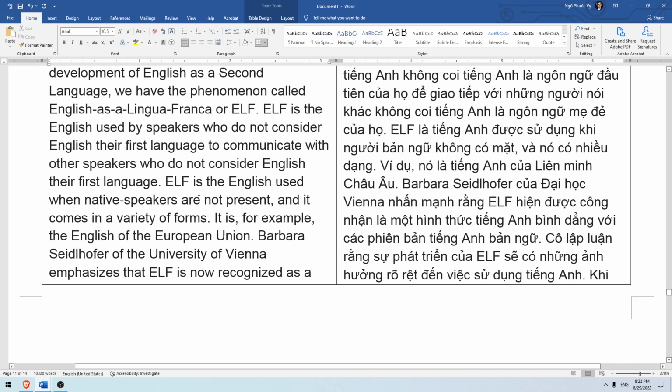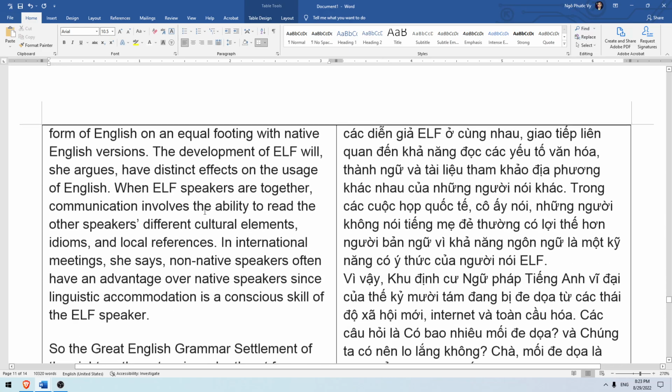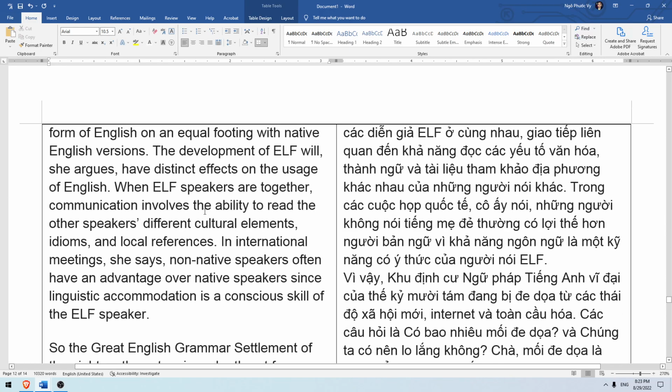Barbara Seidlhofer of the University of Vienna emphasizes that ELF is now recognized as a form of English on an equal footing with the native English versions. The development of ELF will, she argues, have distinct effects on the usage of English.